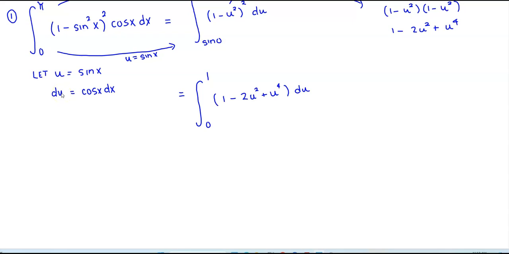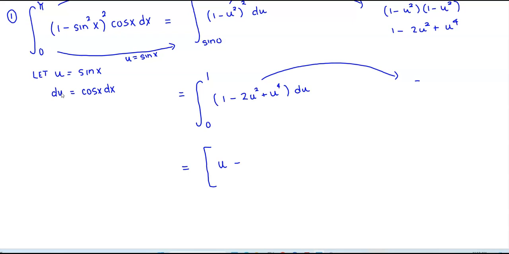Now we're going to take the antiderivative and then evaluate it according to the upper and lower limits. The antiderivative of 1 is u. The antiderivative of minus 2u squared: let's do that on the side.